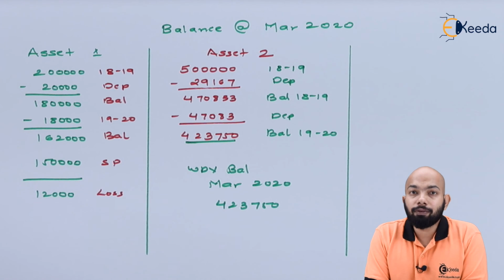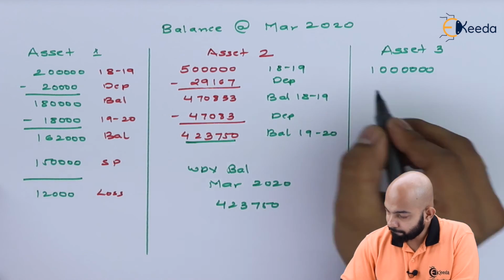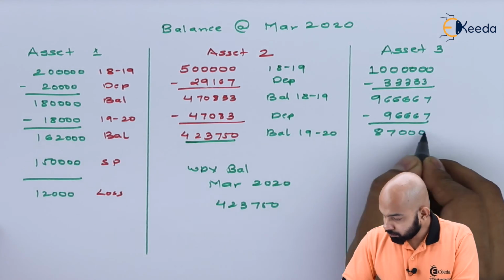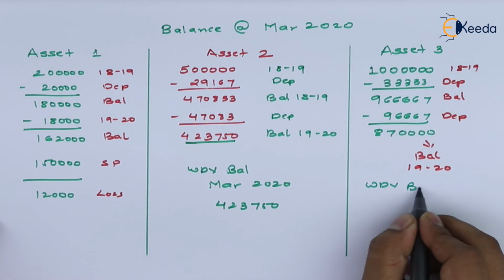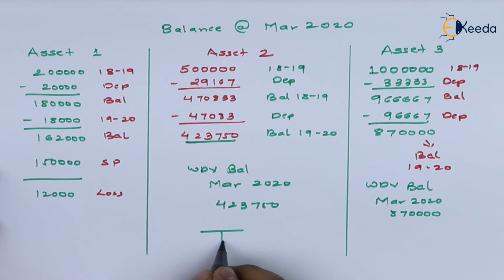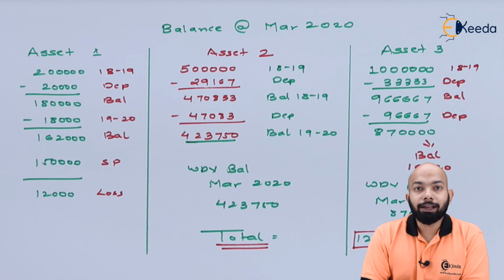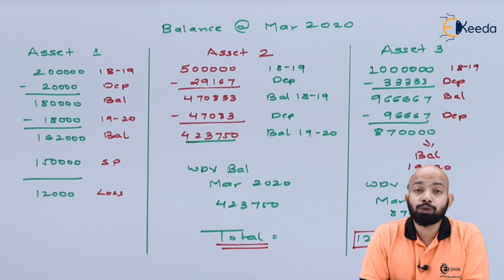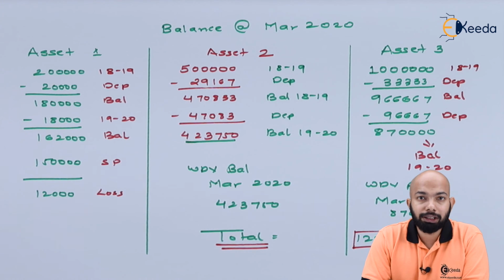We'll now figure out what is the value of asset number 3 as of March 2020. Now for asset 3, we have calculated the balance where the opening balance was 10 lakh, which is the original cost of the asset, which was used for 4 months, which gives you a depreciation of 33,333 rupees.